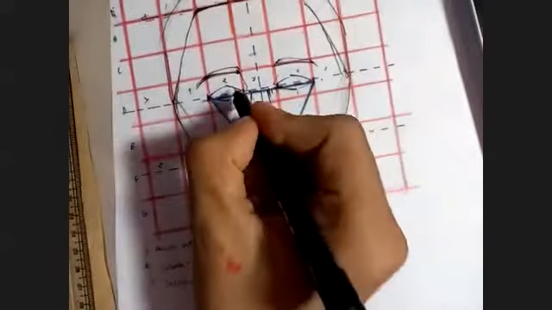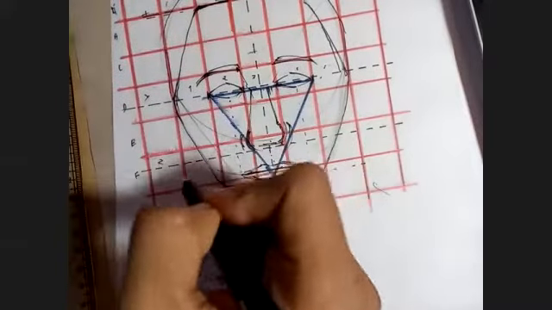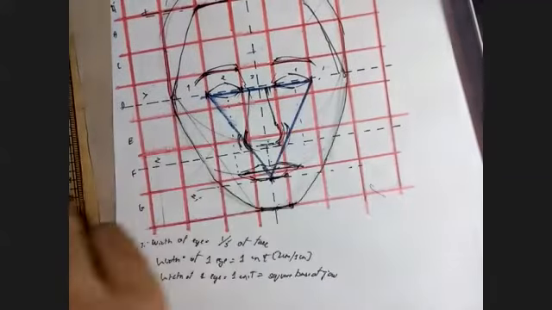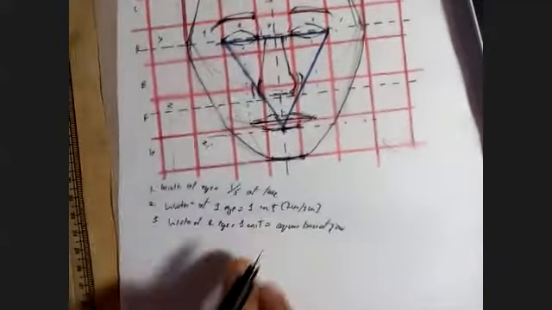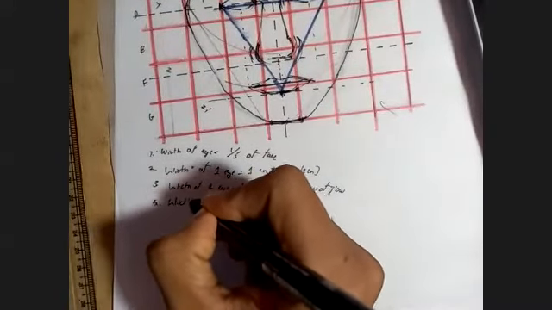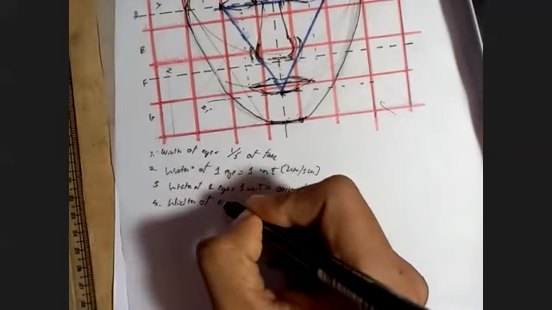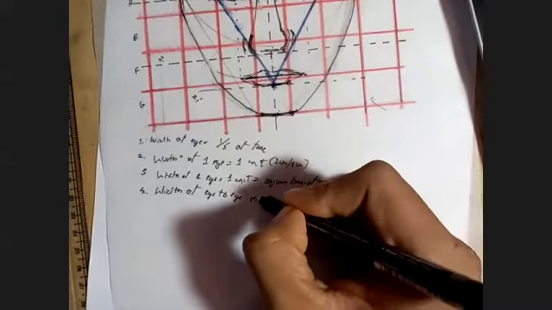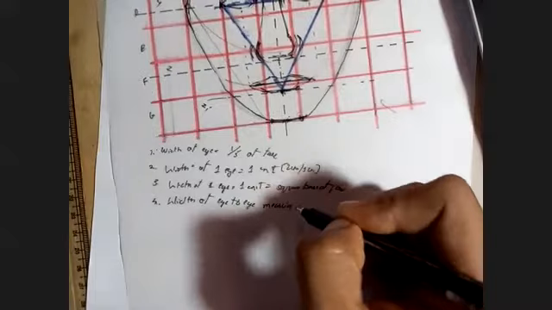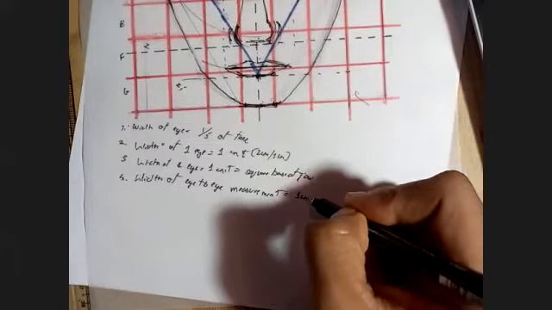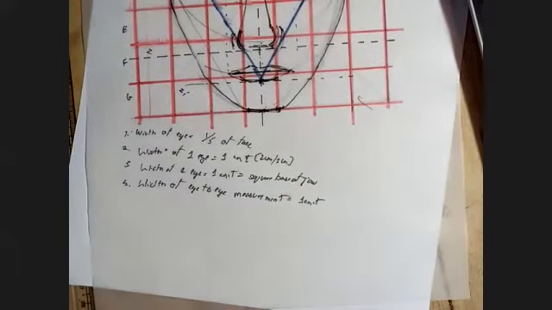The width from the inside edge of the left eye to the inside edge of the right eye, the eye to eye measurement, is 1 unit. One unit. Yes, those are the main horizontal readings.